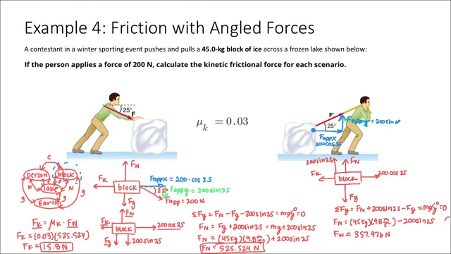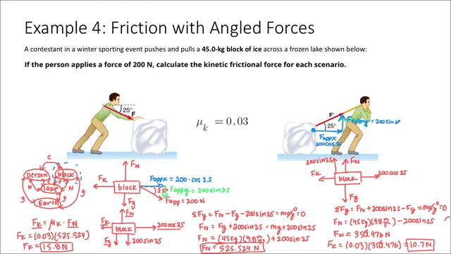And again, I can use the same expression where the force of kinetic friction is equal to the coefficient of kinetic friction, 0.03, times the normal force, which in this case is 356.476. I'm sorry, this is actually a 6 here. There you go, like it never happened. And this is equal to 10.7 newtons.